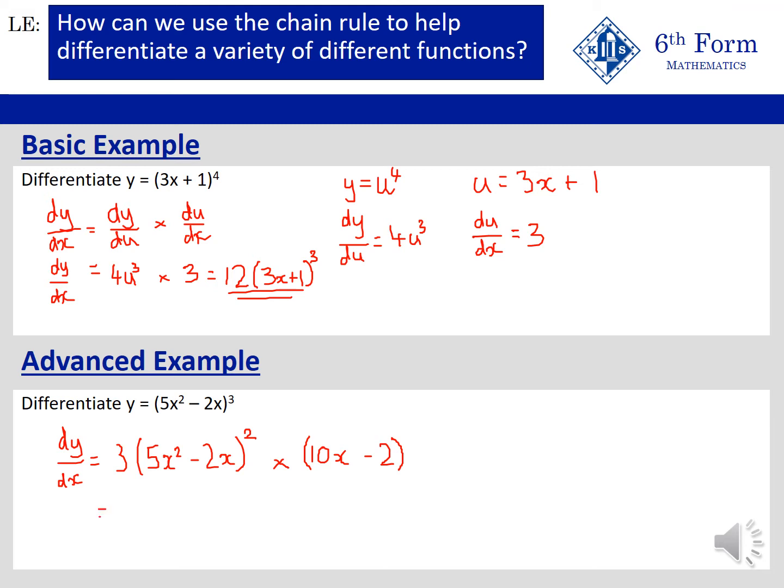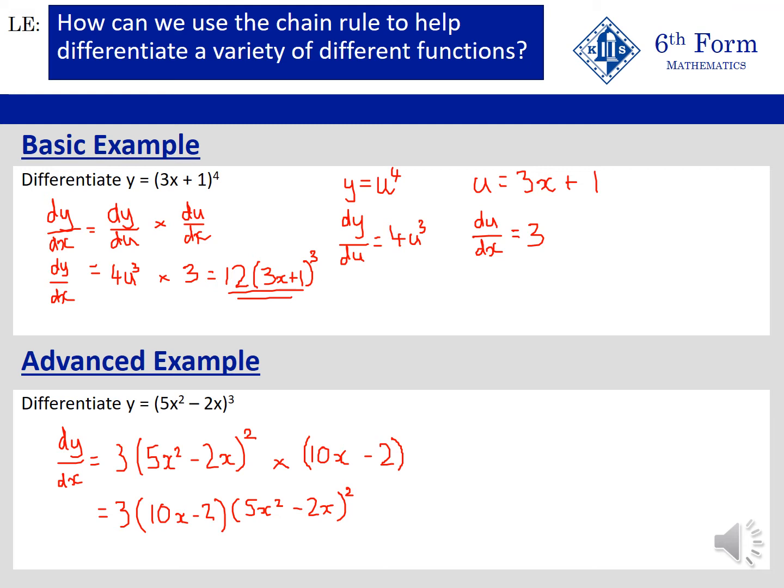If we tidy our final answer up, I would probably leave it in factorised form. So I'd go for something like 3 times (10x minus 2) times (5x squared minus 2x) squared.